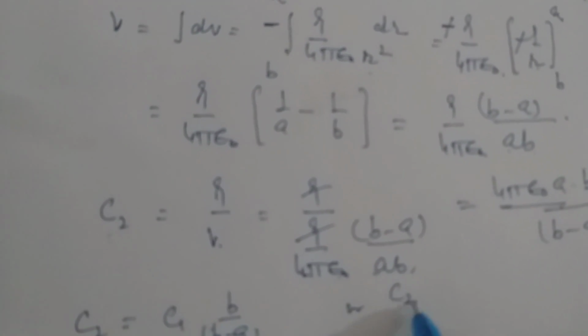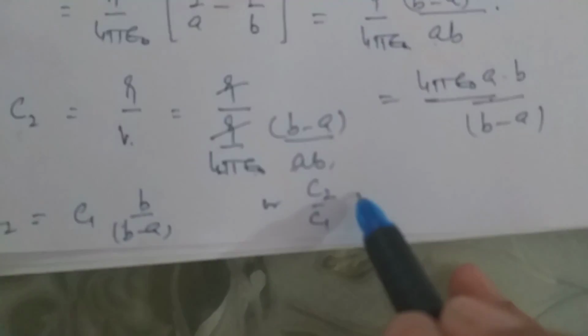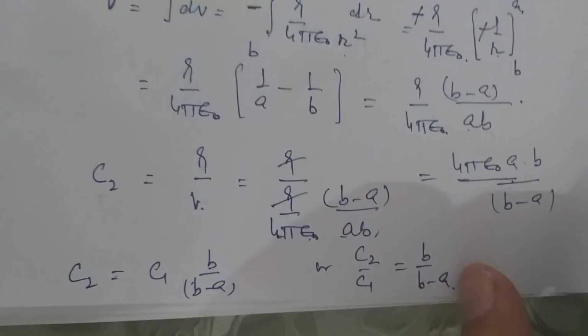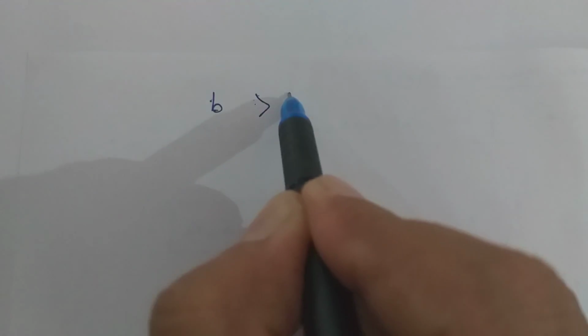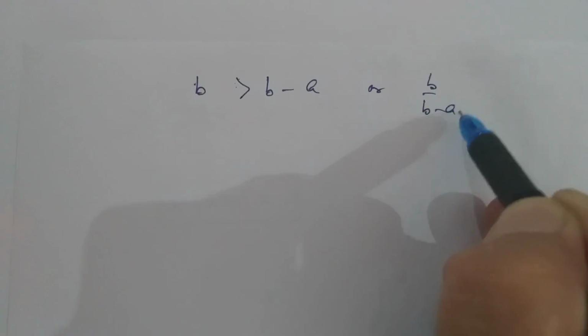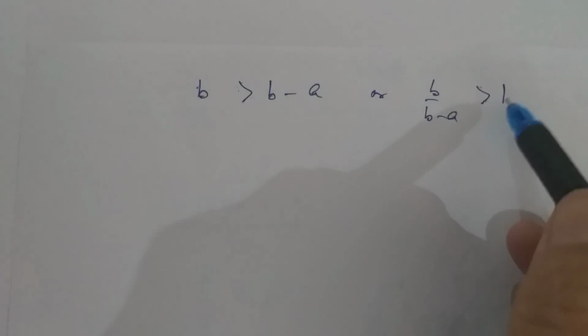Or what is C2 over C1? It is equal to B over B minus A. We know that B is greater than B minus A, so B over B minus A is greater than 1.